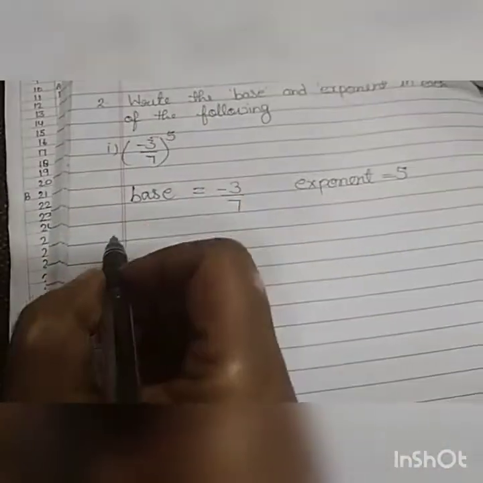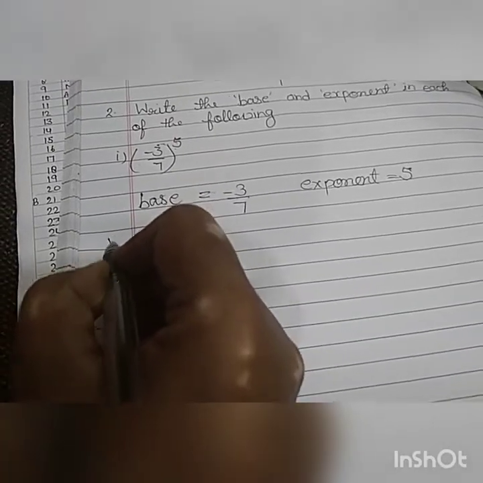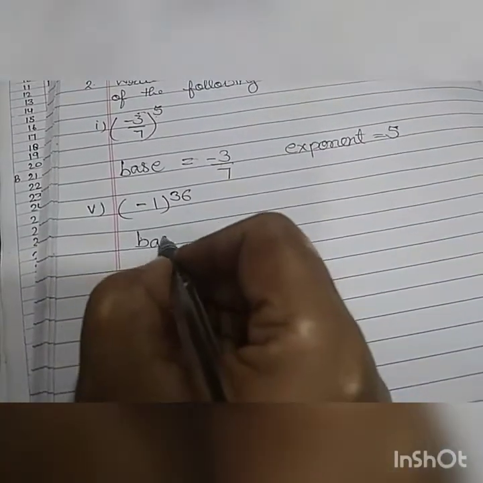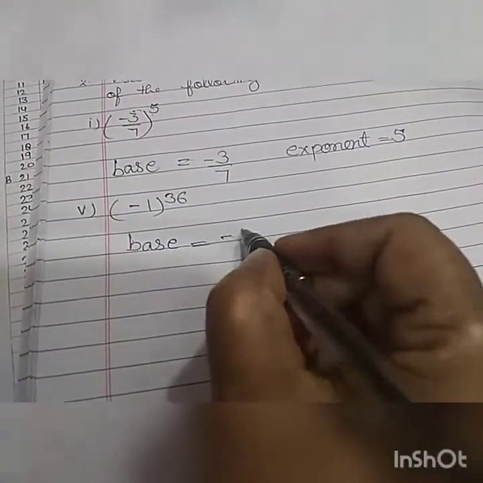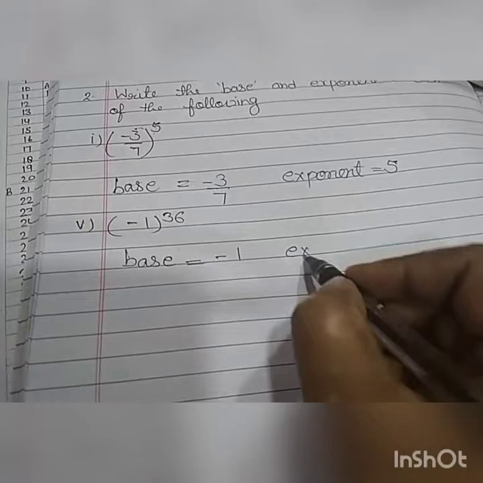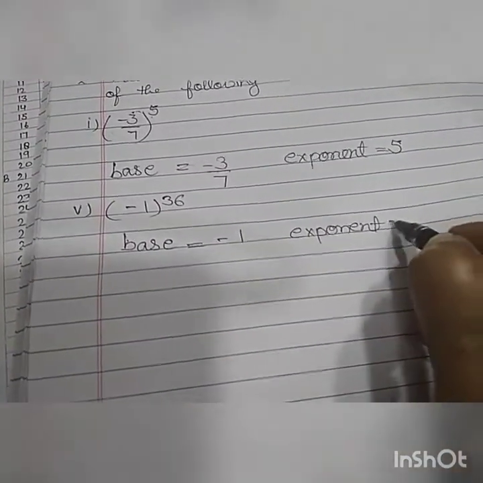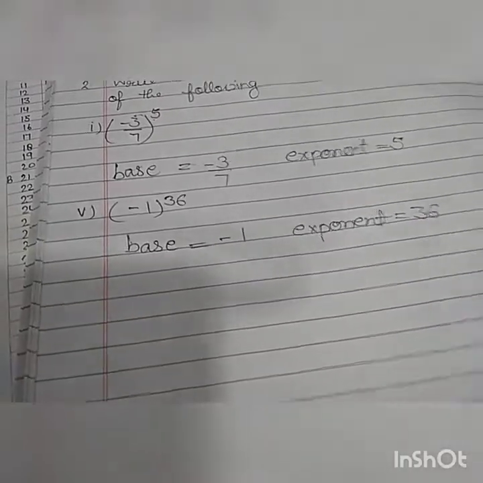Suppose question is given minus 1 power 36. So we can write base is equal to minus 1 and exponent is equal to 36.